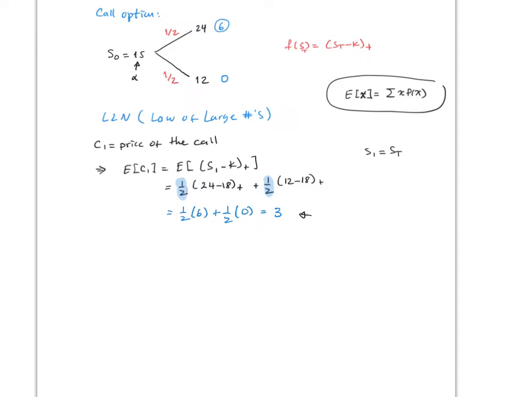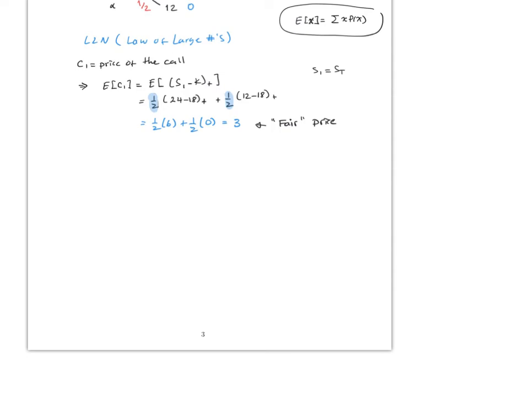Now the question is, is this the actual fair price? And we'll find out right now that that's not the case. So if somebody is willing to pay $3 for the call, this is the strategy we can do at t equals 0, and then at t equals 1, because remember we only have 1 month, so t equals 1 month.